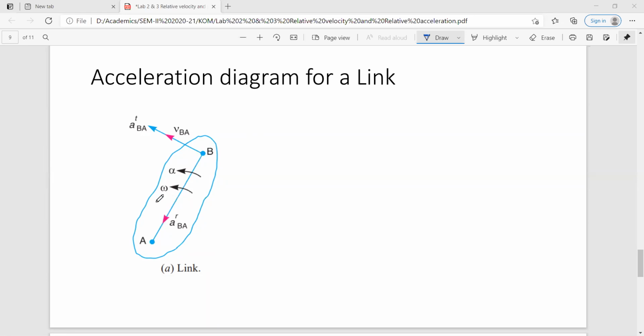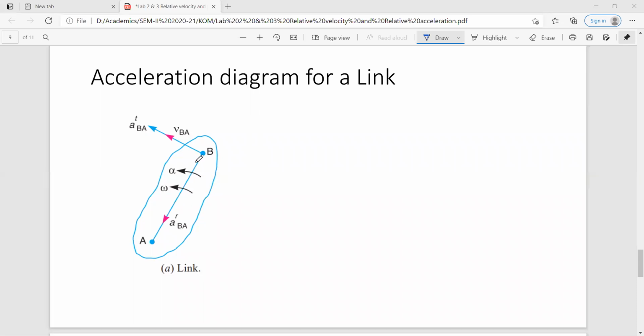We have already seen that when the links move in the mechanism, one point acts as a center for the motion of the another point, if these 2 points are on same link.